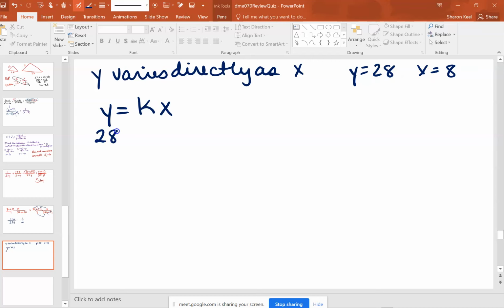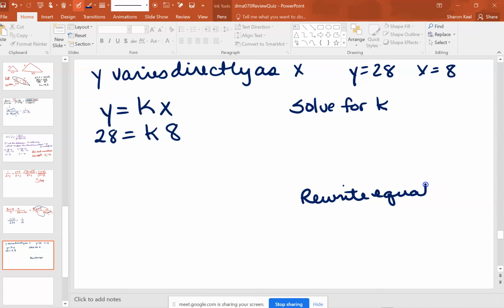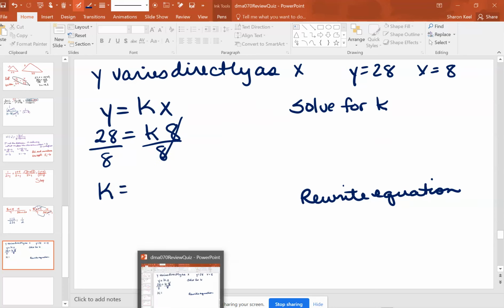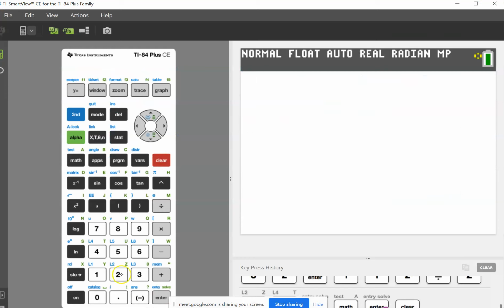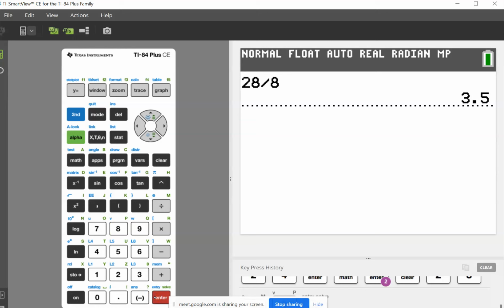So we have 28 equals k times 8. Our objective is to solve for k. What they want us to do is solve for k, and then they want us to rewrite the equation using the value k and just letters x and y. So I have to divide both sides by 8, and that gives me k equals 28 divided by 8, and we're going to simplify.